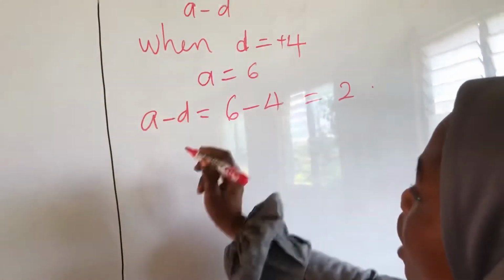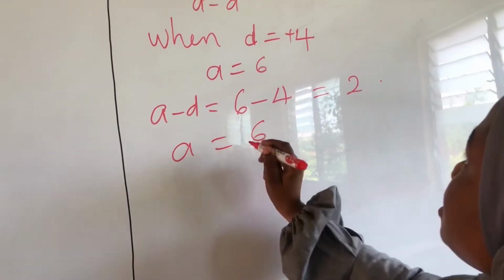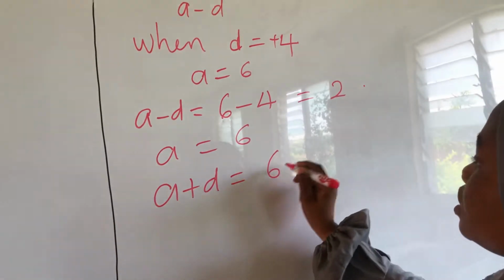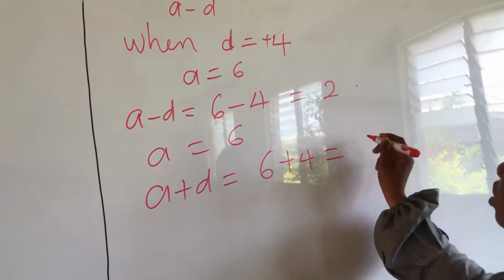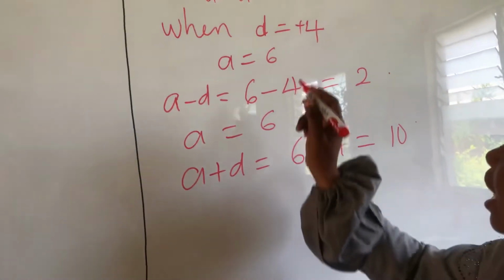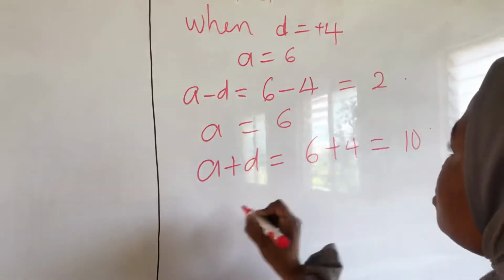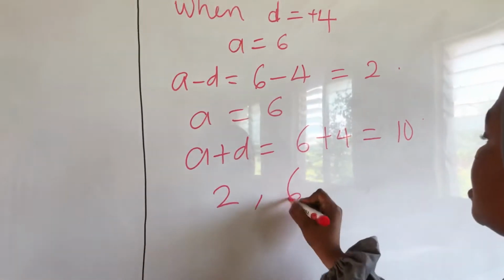The other one, A is equal to 6, then A plus D is equal to 6 plus 4, which is equal to 10. So when D is equal to 4, the terms will be 2, 6, 10.